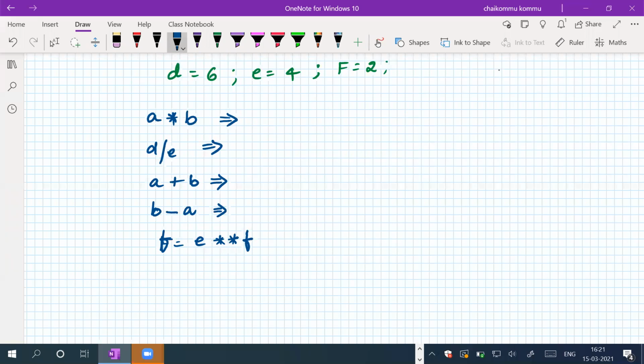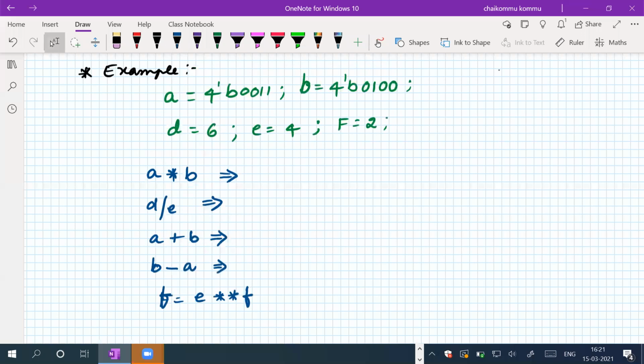So simply arithmetic operation, nothing more than that. Whatever way we use multiplication, division, addition, subtraction in normal life, the same way it will perform. Generally, when I use the multiplication symbol, it performs arithmetic multiplication between A and B. A value is actually 3, and B value is actually 4.